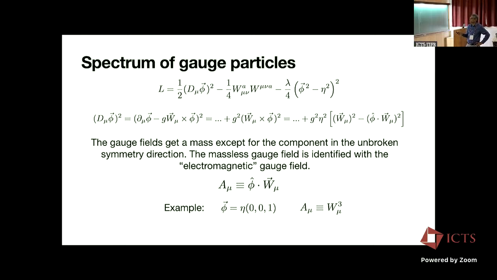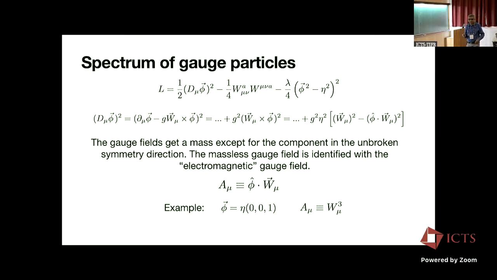And so all the components of the gauge field are getting a mass when phi becomes non-zero, except for one component, which is the component along phi hat. If W is along phi hat, then this becomes zero. So in other words, there are two gauge fields over here which get a mass, but one combination remains massless.